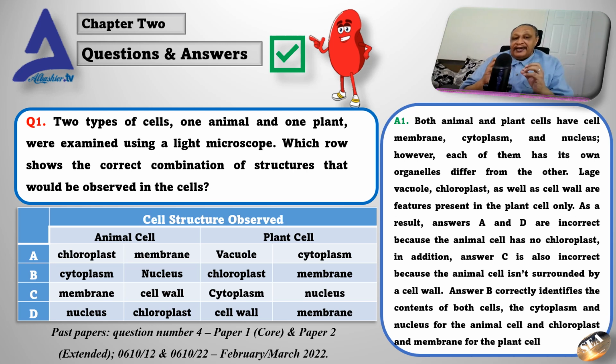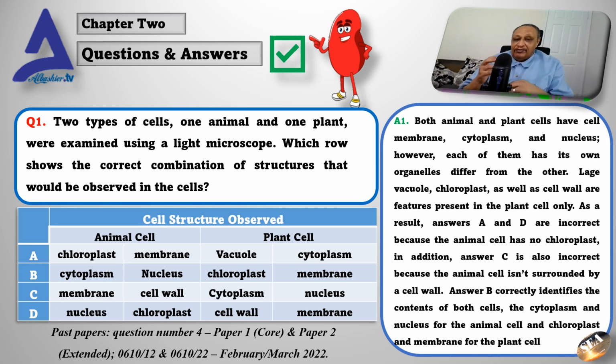Answer A is chloroplast under animal cell, and chloroplast membrane, and plant cell vacuole and cytoplasm. Number B is cytoplasm and nucleus in the animal cell, chloroplast and membrane in the plant cell.